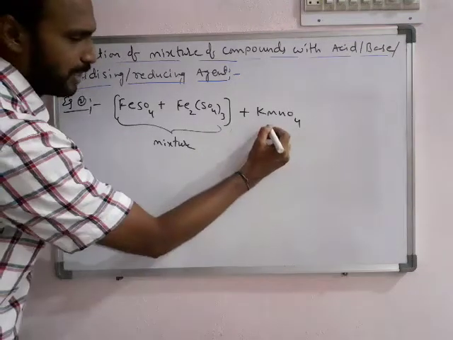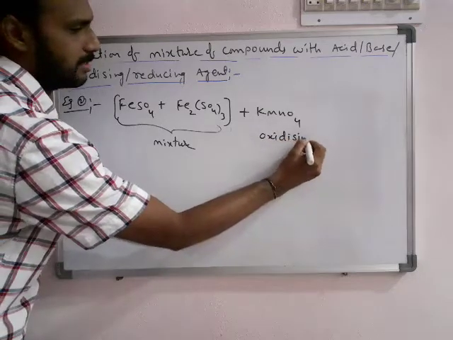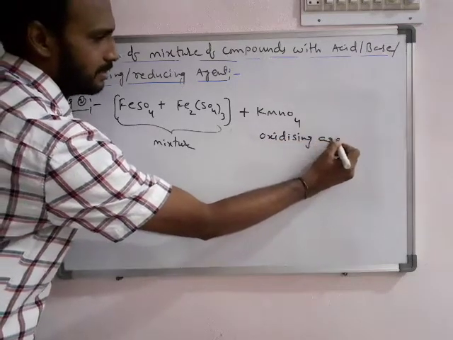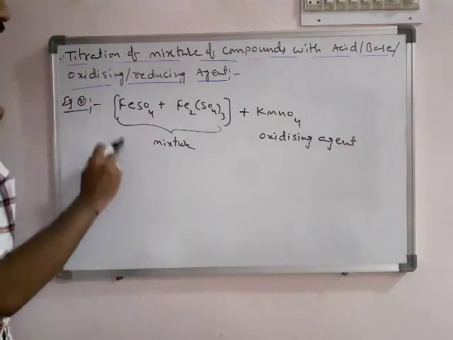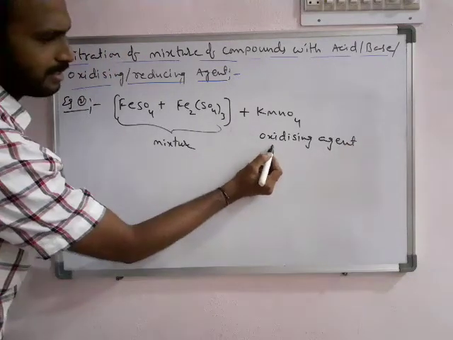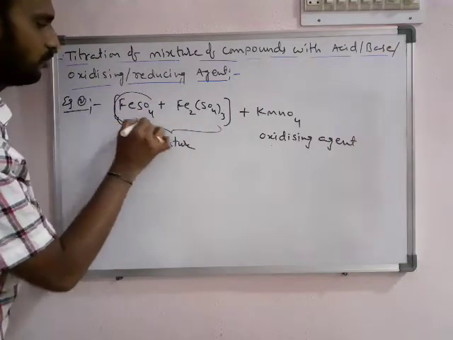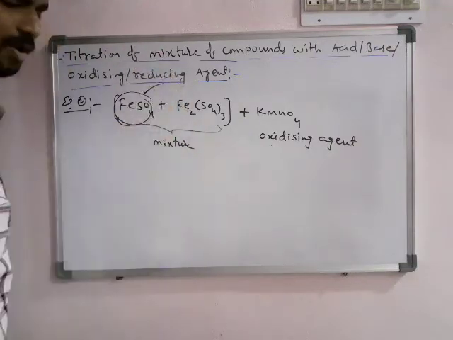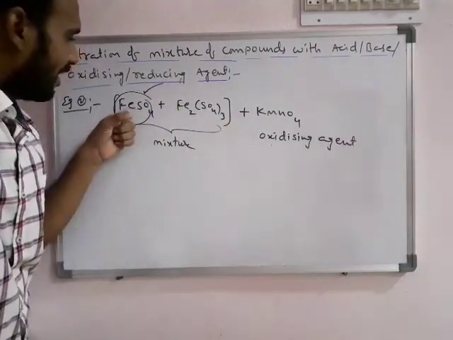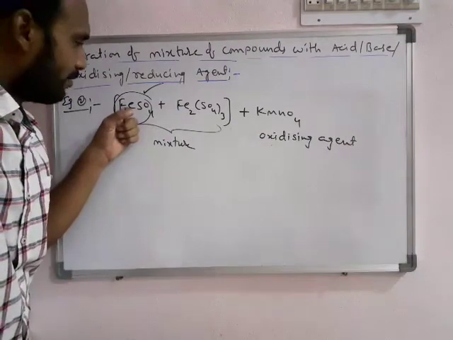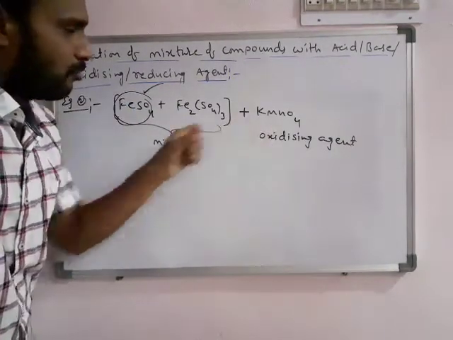We know that potassium permanganate is a best oxidizing agent. The oxidizing agent means it oxidizes these compounds. FeSO4 can be oxidized with potassium permanganate because it is in the ferrous state. It can be oxidized to ferric. So it is oxidized with KMnO4.